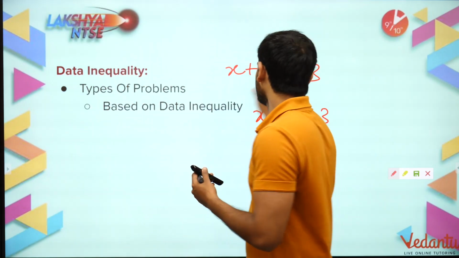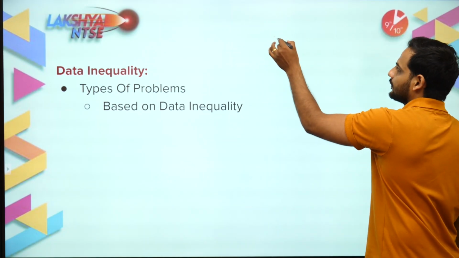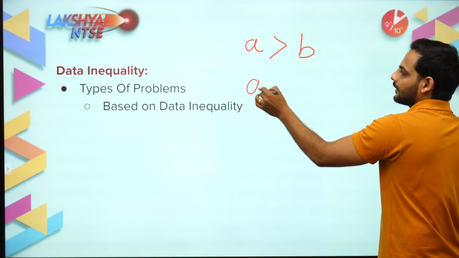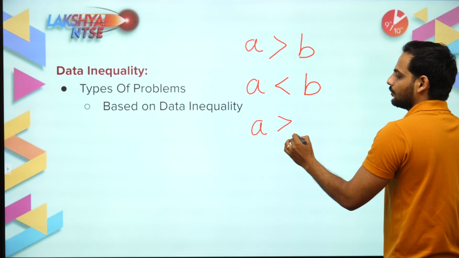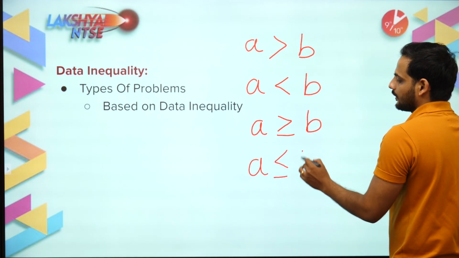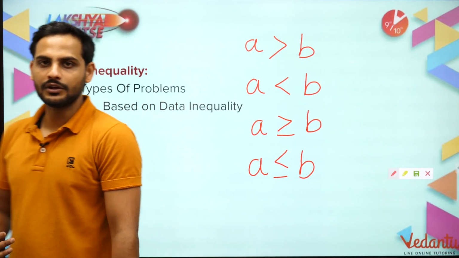What kind of inequalities do we have? One is greater than, a greater than b. Other is a less than b. Then a greater than or equal to b, and a less than or equal to b. These are the kinds of inequalities we will be using.